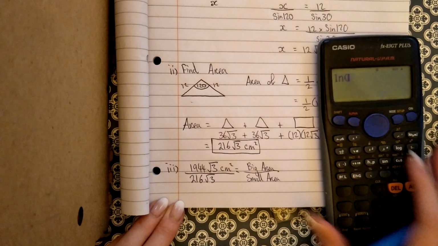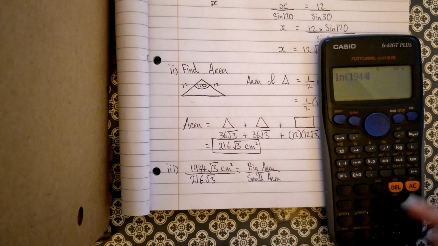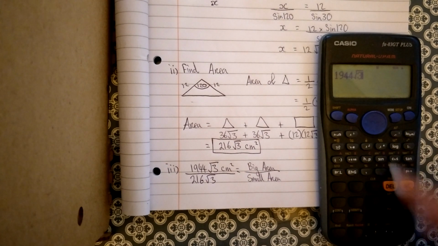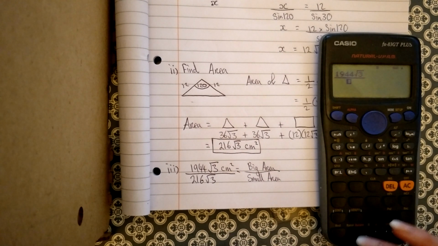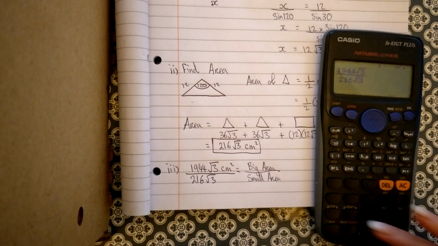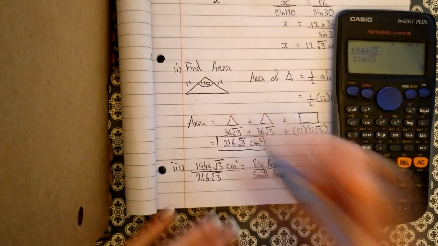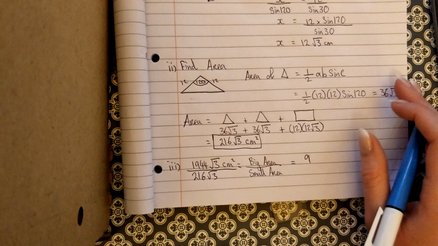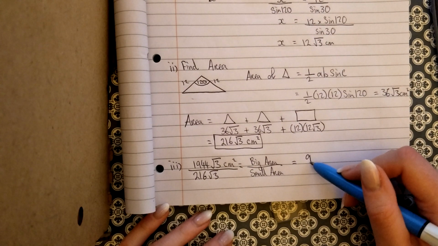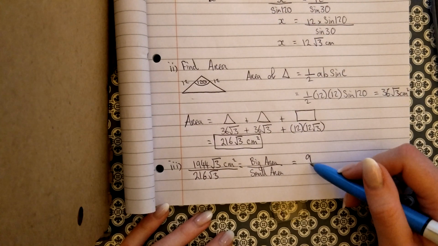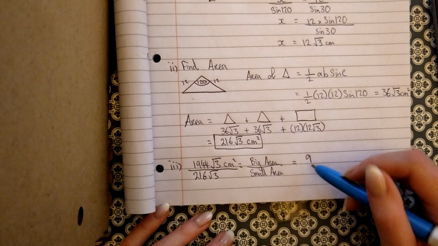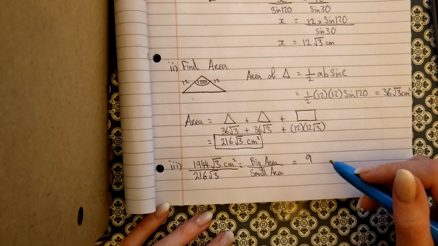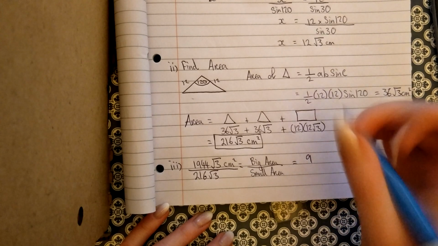So let's pop those into our calculator. 1944 root 3 all over 216 root 3, and you're getting 9. Okay, so we have a scale factor of 9 for our area. Now if the area scale factor is 9 and we want just a length scale factor, because it's a length, we're going to square root it.